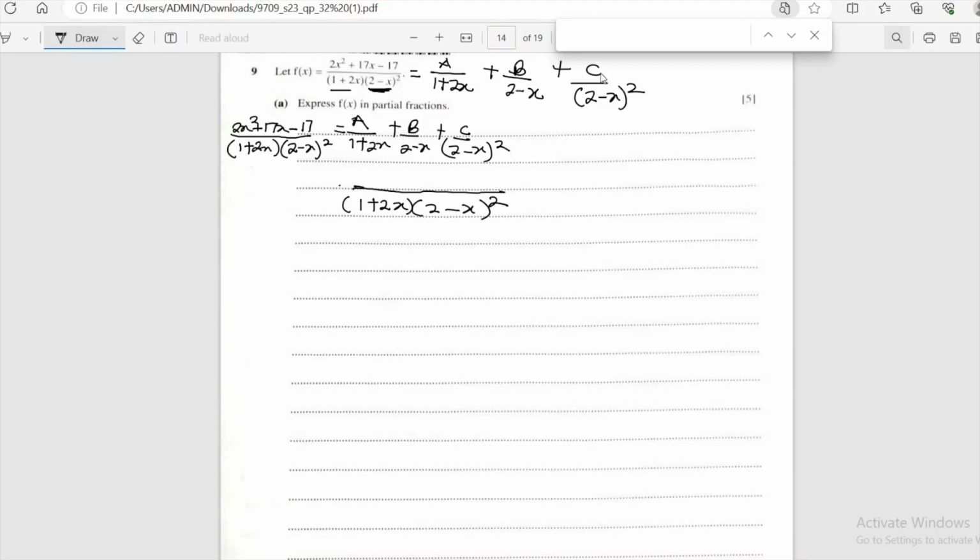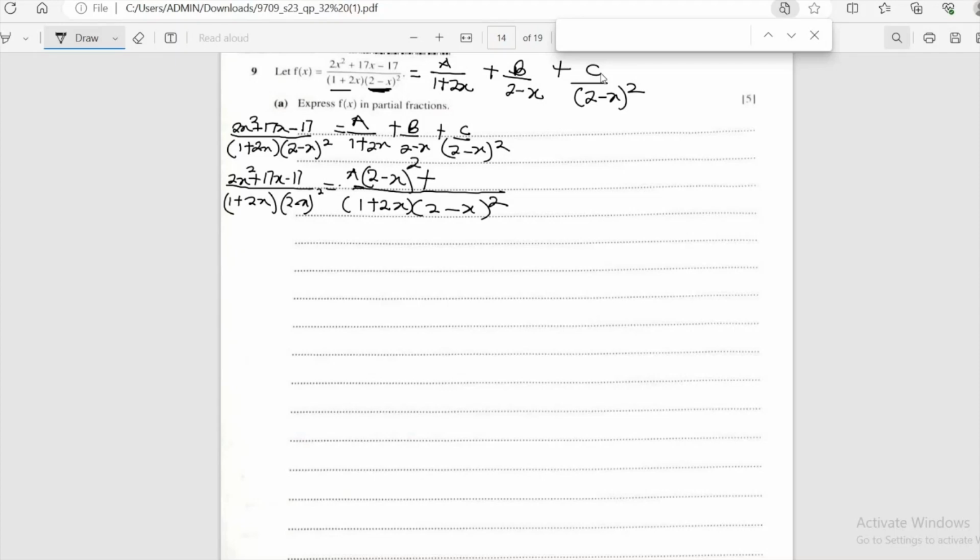Now, the function of x, don't forget to write it again here: 2x squared plus 17x minus 17 over 1 plus 2x, 2 minus x all squared. This is what we split. Now the LCM. For the 1 plus 2x under A, if you divide the LCM by it, we have 2 minus x squared, and multiplying by A leaves A times bracket 2 minus x all squared.